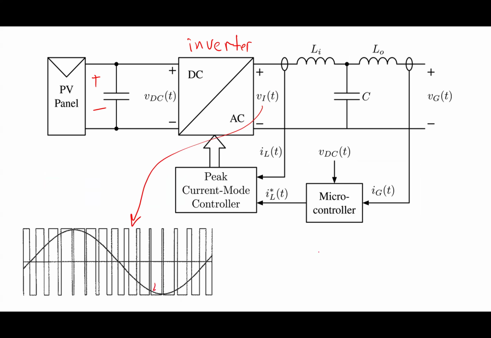This is the grid I connected to. That waveform that looks real choppy is a periodic waveform, and I can analyze it and figure out what sine waves are inside of it. It allows me to simplify a lot of the analysis.